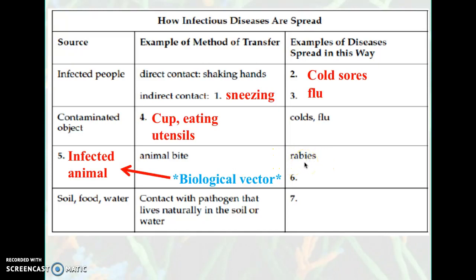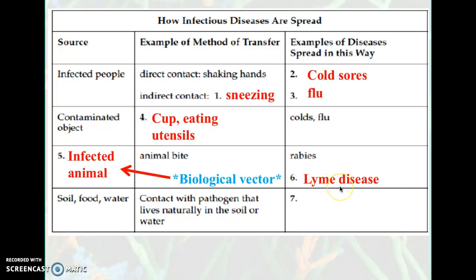Rabies is something that is carried, again, by possibly raccoons or dogs. And if you get bitten by a raccoon or a dog, you need to get treated right away because rabies can have drastic symptoms. Lyme disease is carried by ticks.